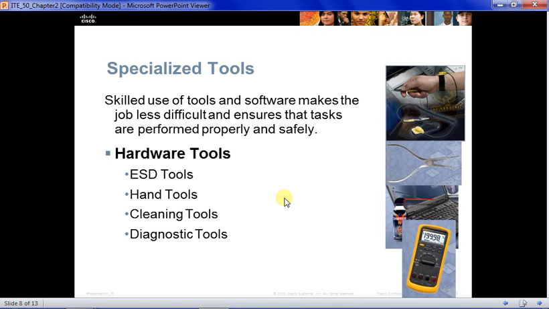So our ESD tools usually include 2 things. You see it in the top picture there, an anti-static wristband and an anti-static mat. The proper way to wear the anti-static wristband is to have it tight around your wrist. There is usually a piece of metal on the inside of the band. You want to make sure that is touching your skin.